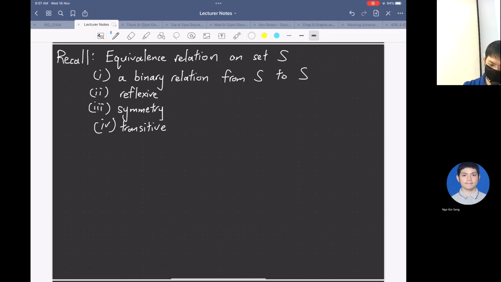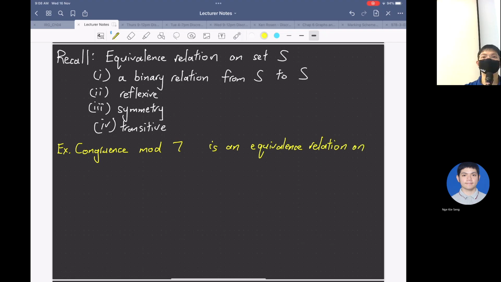Last week we also looked at the example of congruence. Congruence mod 7 is an equivalence relation on what set? What are the elements you consider in congruence? 0 to 6?